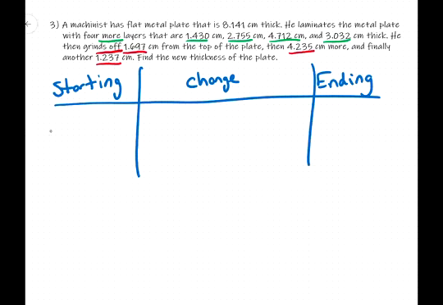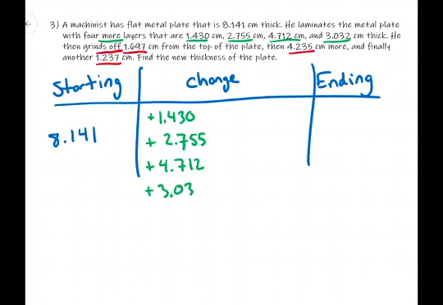Okay, so it looks like we're starting. A machinist has a flat metal plate that is 8.141 centimeters thick. He then laminates the metal plate with 4 more layers, so addition. So adding 1.430, adding 2.755, 4.712, and 3.032.